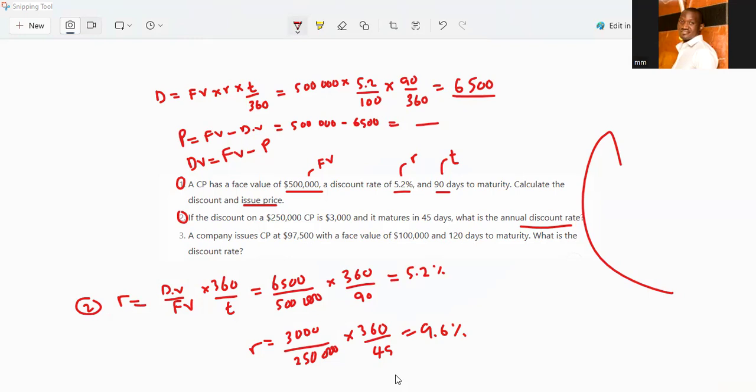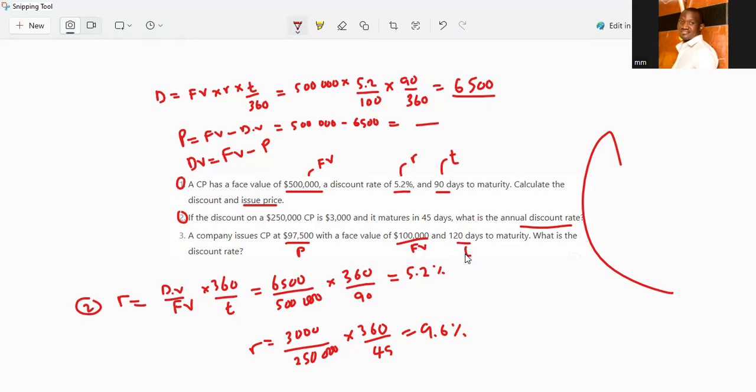How do you find the discount value? The discount value is simply the difference between the face value and the issue price. Have we been given an issue price here? Yes. So what is this? Our issue price. What is this? Our face value. And this is the time.